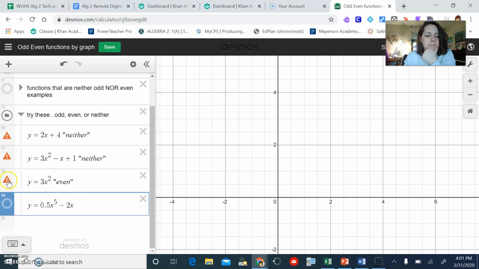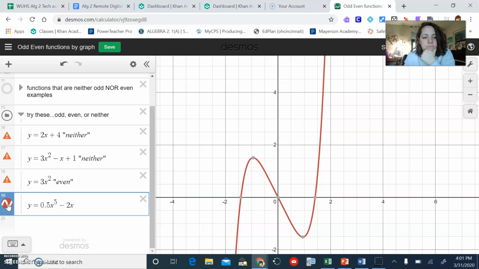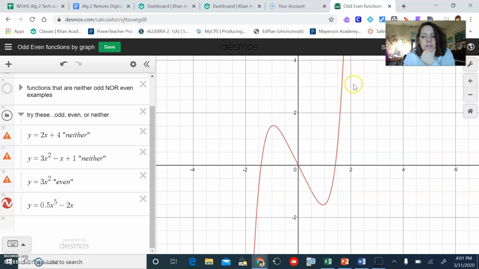And let's look at this one. All right, if this was symmetric about the y-axis, this little top of a hill would be over here at this little top of a hill, but it's not. So it's not even. Then we have to figure out, is it odd? Does this look like it's reflected kind of diagonally?